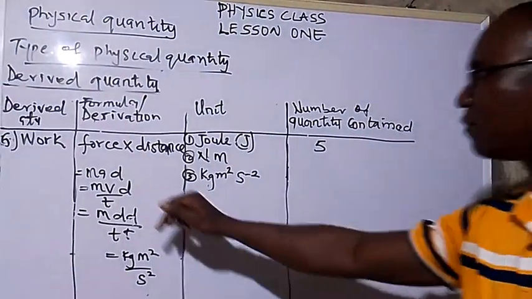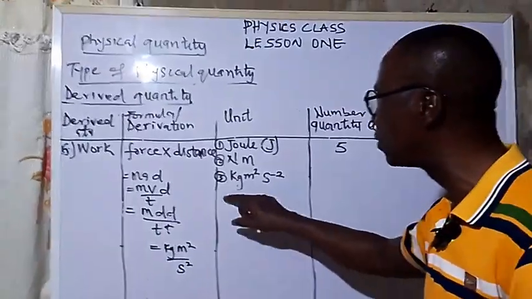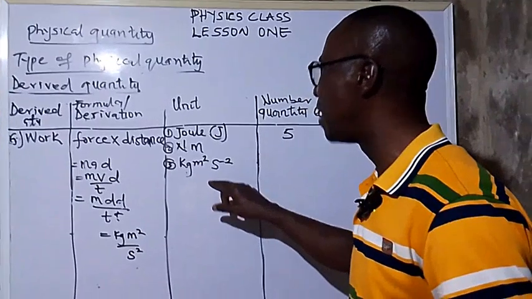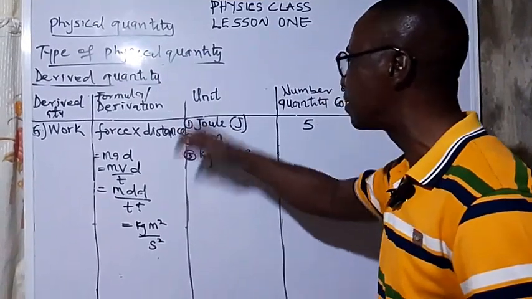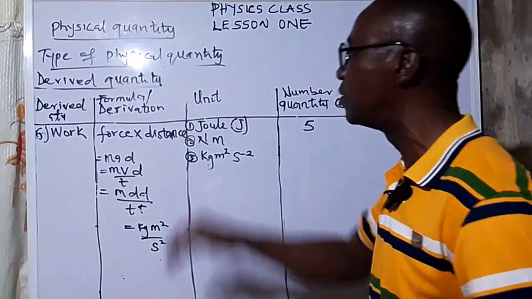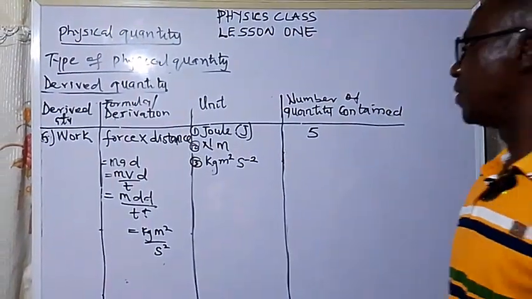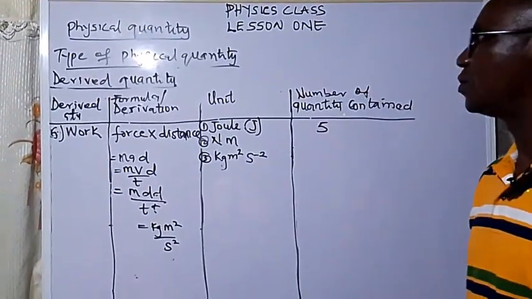When you get to the fundamental level, as in the case of this work, then you should be able to write the unit that can be related to fundamental units. That particular unit that is related to fundamental units is the basic unit of that derived quantity. And this is a convenient point to stop for today.